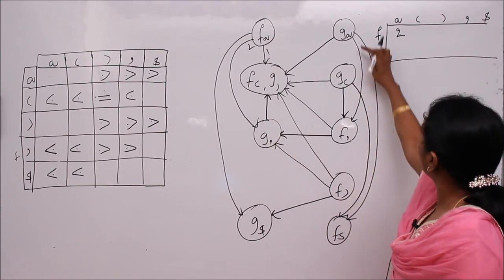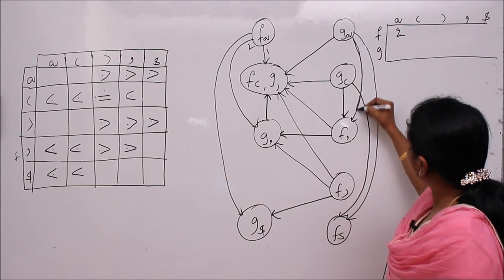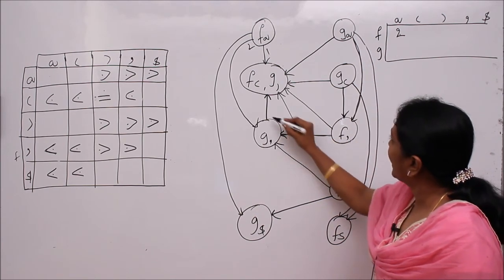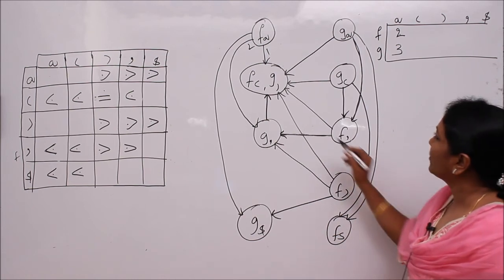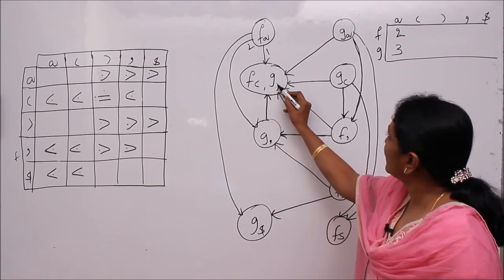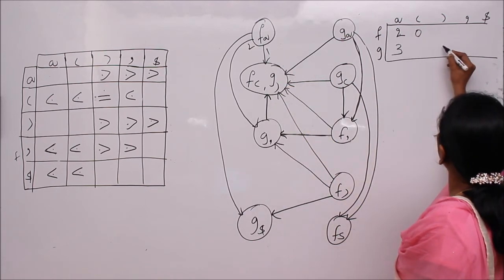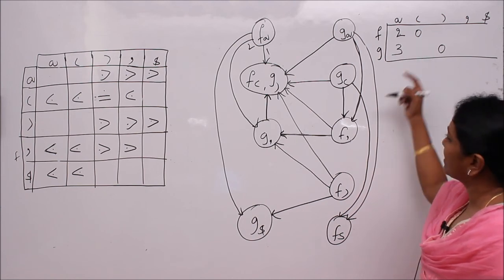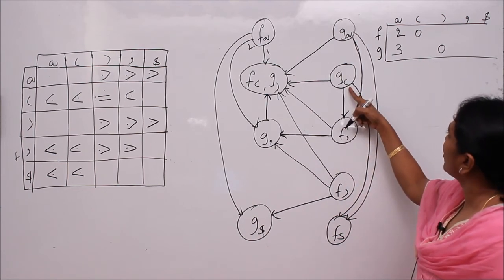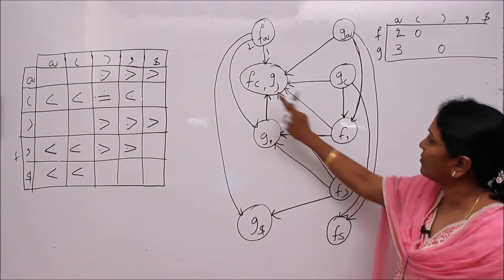So the longest is 3. If you look at F left parenthesis and G left parenthesis, there are actually no outgoing edges, so we can say these are 0. Now for G left parenthesis, the length of the longest path is 1, 2, 3.